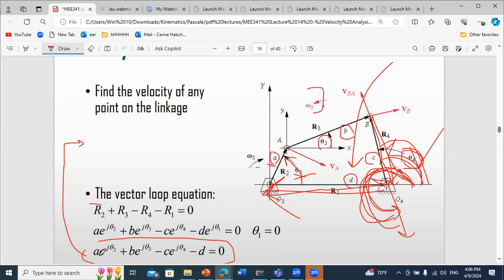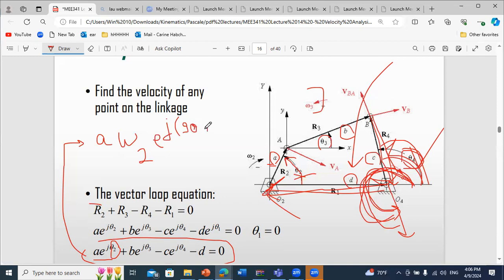They are constant. So when I differentiate this vector, as we mentioned, the derivative of the vector is A times the derivative of this angle. Since this is theta 2, the derivative of theta 2 with respect to time is omega 2. So I write A omega 2 times e^(j(90 plus theta 2)).